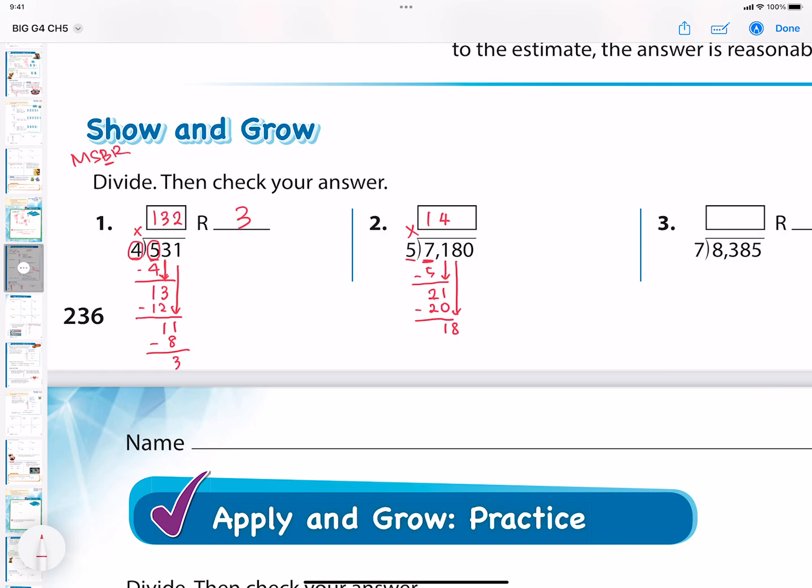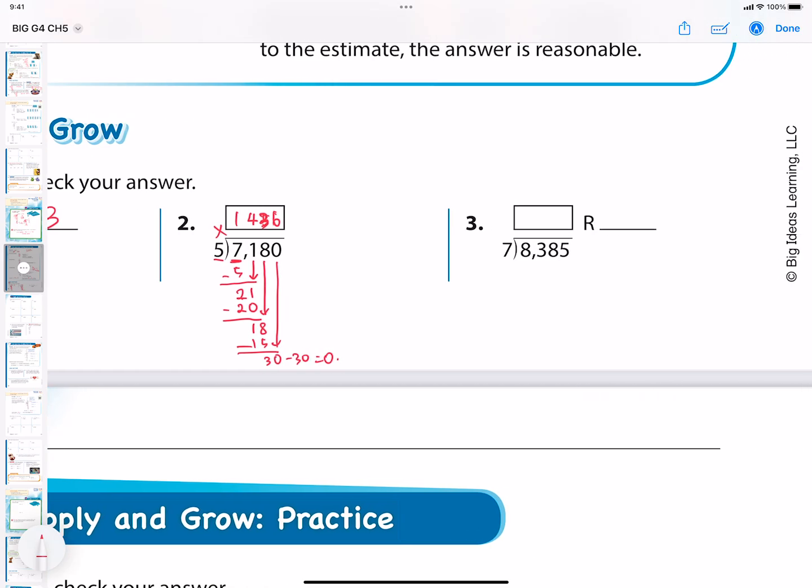And 5 can fit into 18 by only, oh sorry, 3. Because 5 times 3 is 15. And then when you subtract, you have 3. And bring this down here. Okay, 5 times what makes 30? 6, and 30 minus 30. I don't have any space down here, I cannot write it, which is 0. So there is no remainder. All right, number 3.